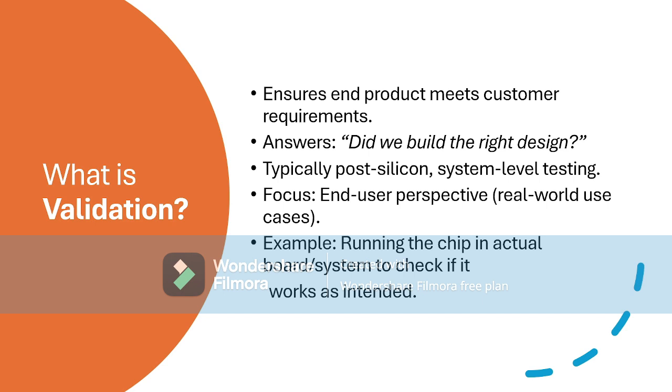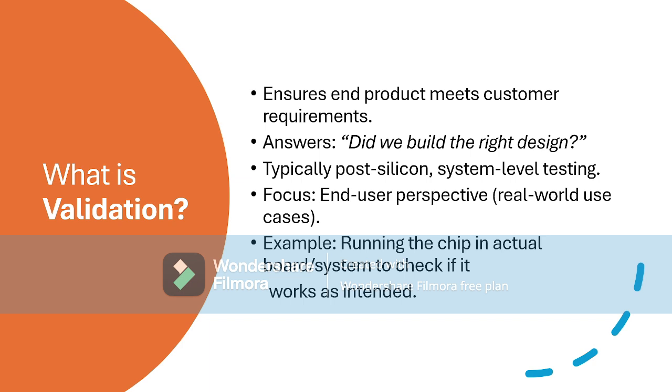Next, we'll discuss validation. It is the thing which ensures the end product meets the customer requirements. Without this validation process, the end product is going to be discarded directly into the garbage, because only if we are 100% sure we validated the device can we sell the product in the market.